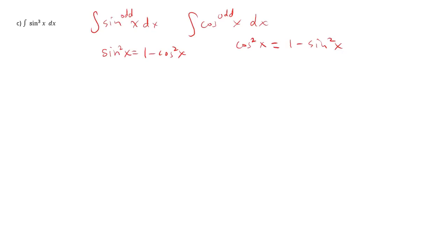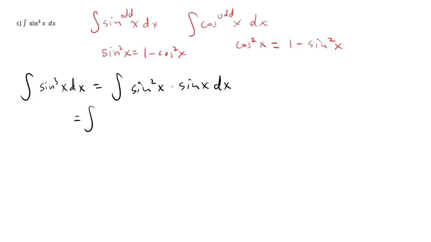Okay, so how do you use this? Well, first, rewrite this odd power as the product of an even power times the sine x. So if this was sine to the 5th power, then you would write sine squared times sine of x. So keep writing them as sine squared repeated, and then since this number is odd, at the end of the day you're going to have just one sine left out.